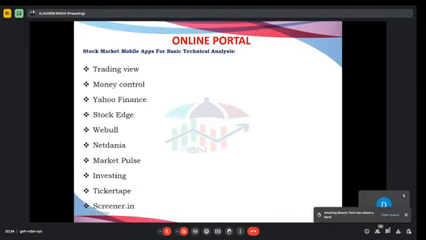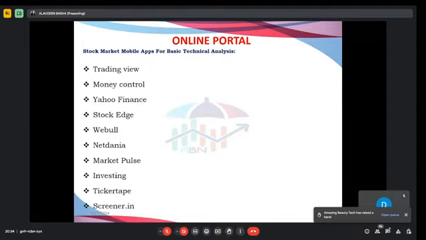You can refer to TradingView, Money Control, Yahoo Finance, TickerTape, Screener, Investing. These websites as well as the apps are available on both Android and Mac. You just need a Gmail account to open an account and use it. Thank you, sir.